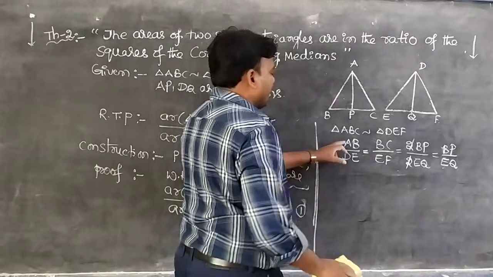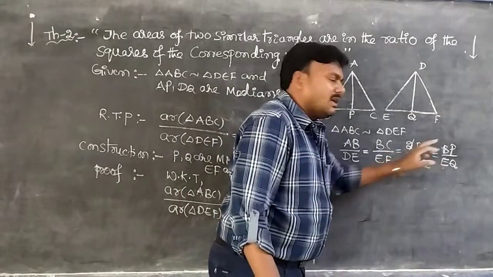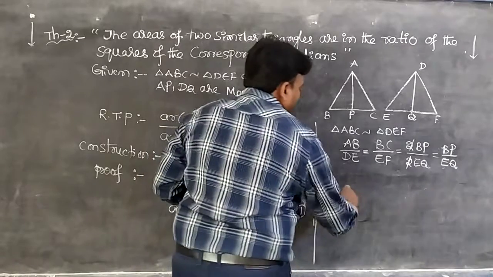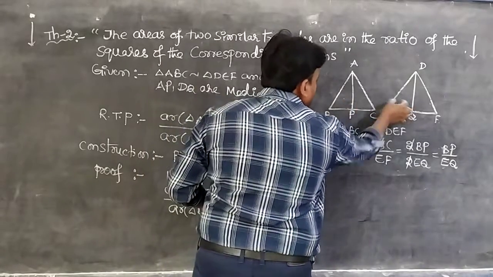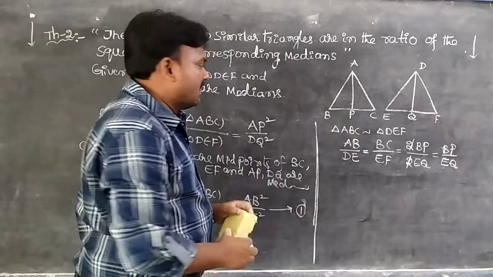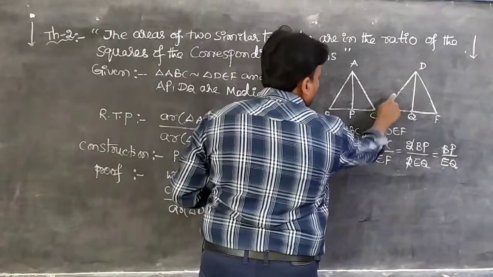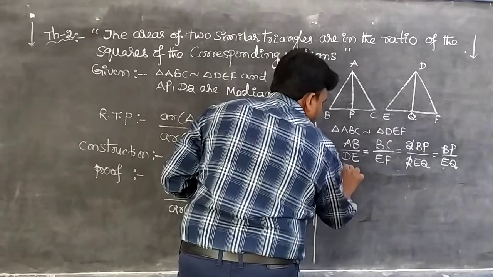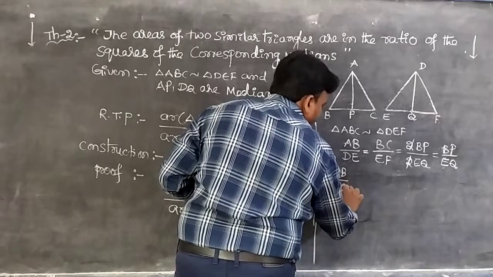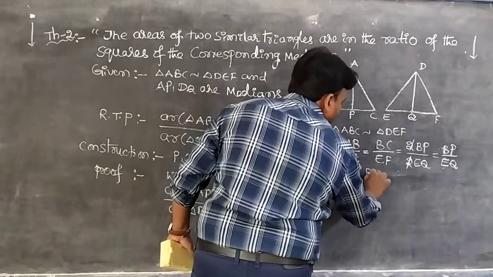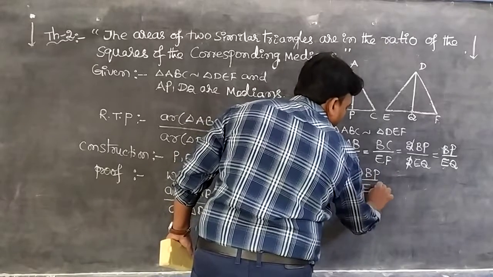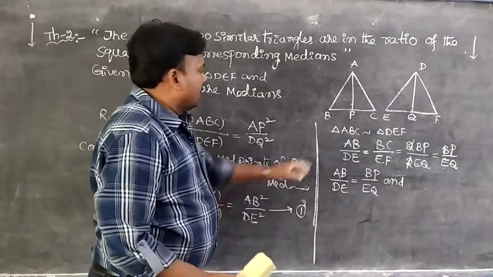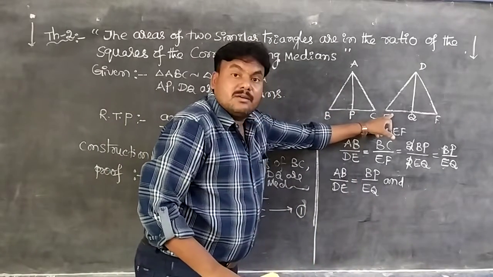Okay, here observe, AB by DE equals BP by EQ. By applying that both triangles are similar, check it, students. One ratio you can get, AB by DE equals BP by EQ, and so here angle B equals angle E, both are equal.